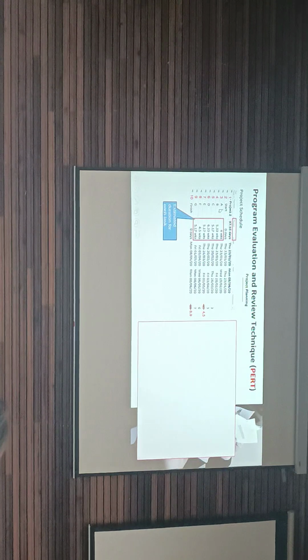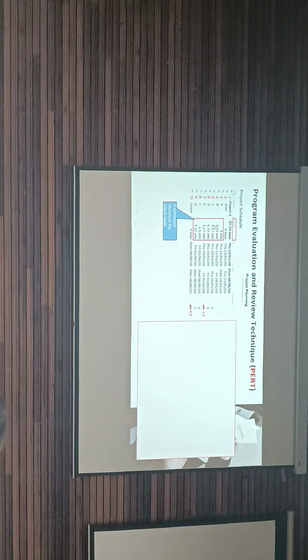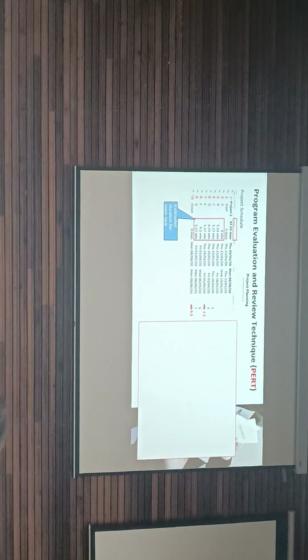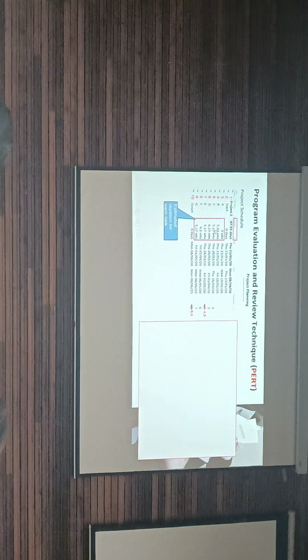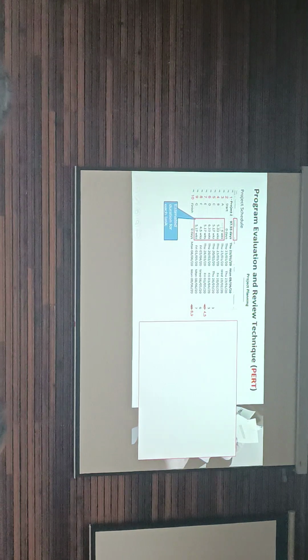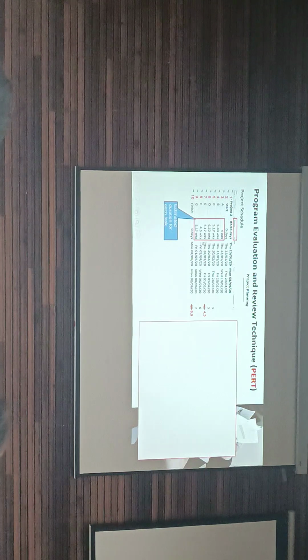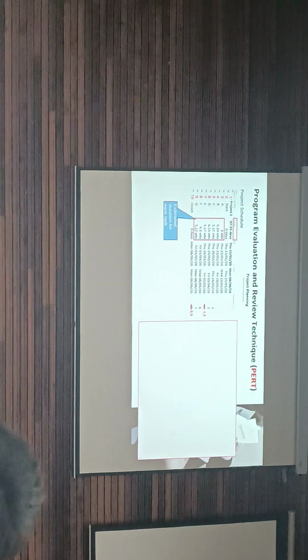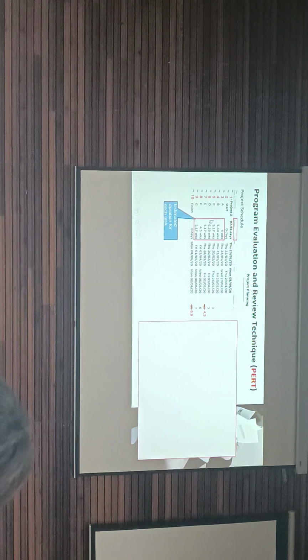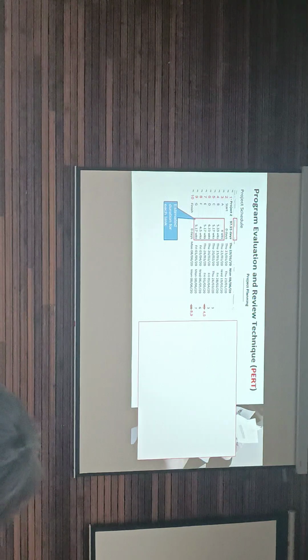After identifying project activities, you have to estimate the duration for each task, how many days or weeks needed to complete it. Normally, we just use one number, 4 weeks or 4 days, key it in, enter.